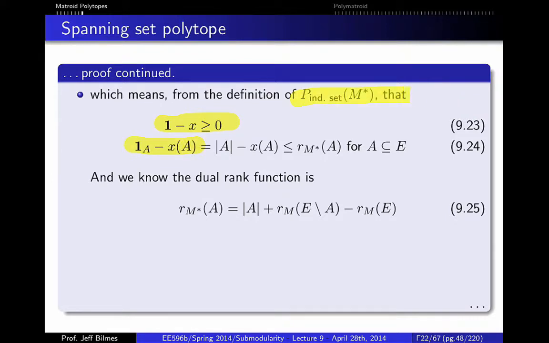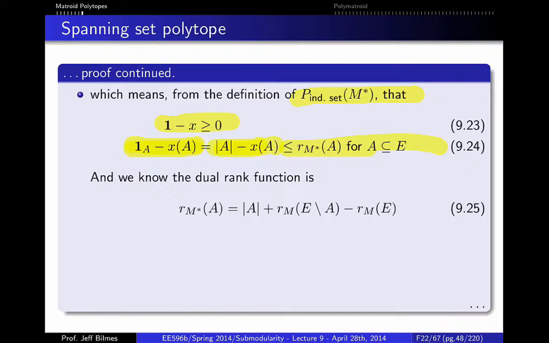So independent in the independent set of the dual, it basically means that 1 minus x, which is equal to the size of a, or 1 of a times x of a, which is the size of a minus x of a, has to be less than or equal to the dual rank function of a for all subsets of E. Because that's the definition, because we can use the independence set polytope or the rank polytope, because we know that those are equivalent now, right?